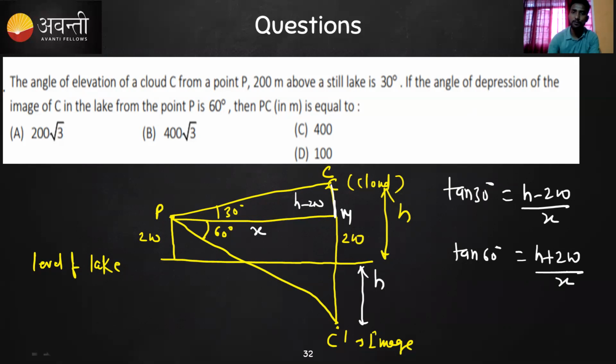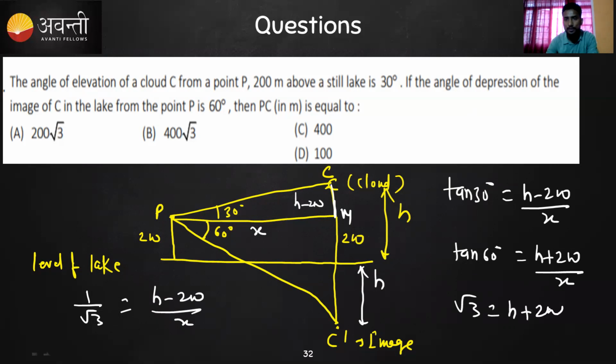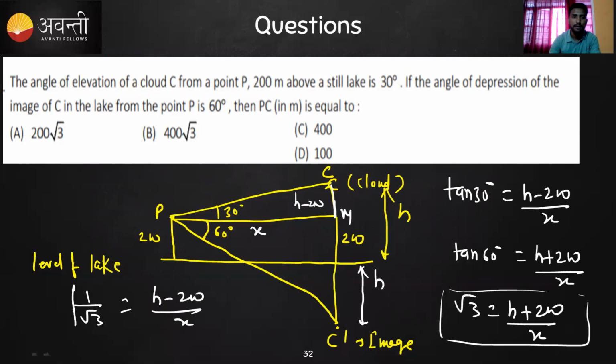So from here, you can see it will be basically 1 by root 3 is equal to h minus 200 by x, and root 3 is equal to h plus 200 divided by x. So we have these two things, right, guys?